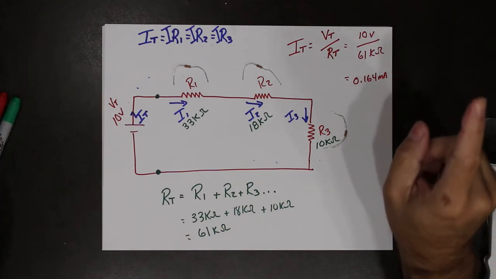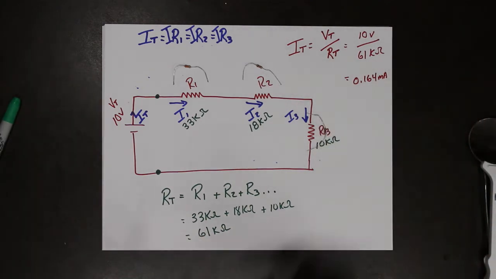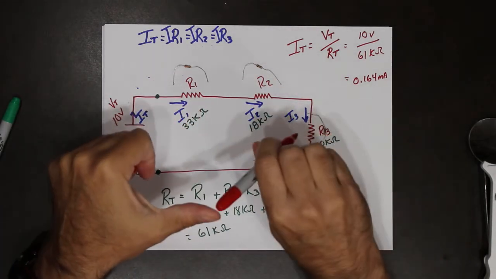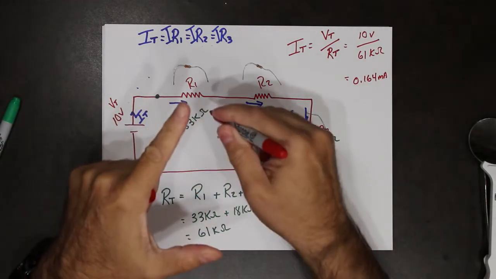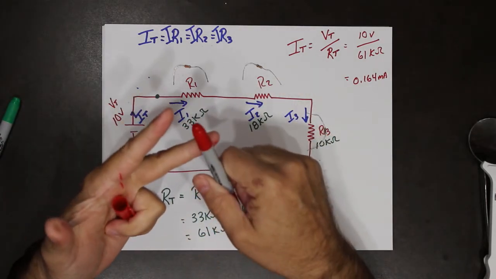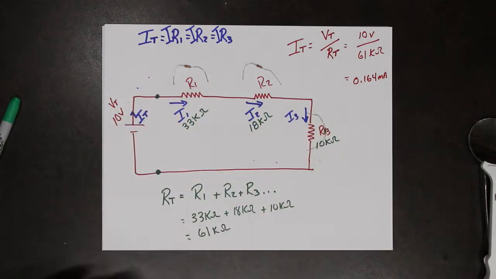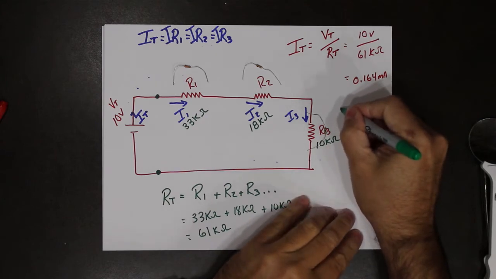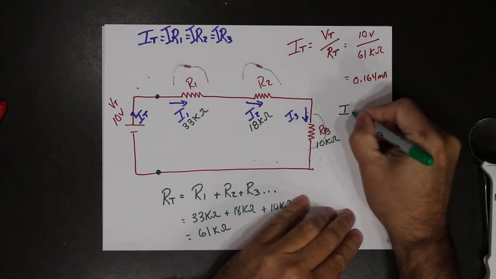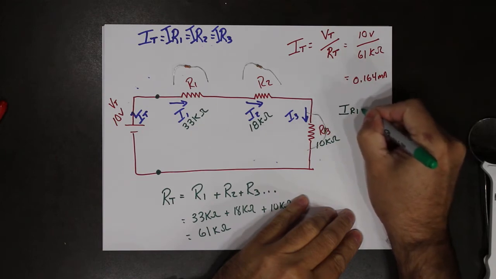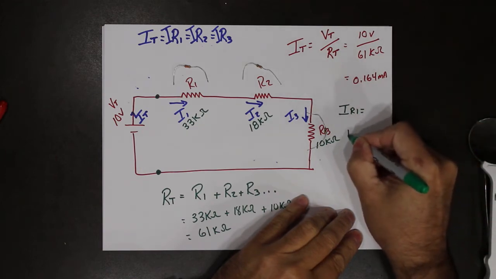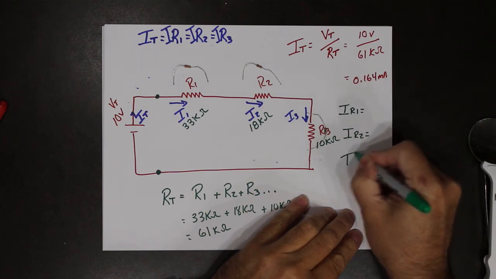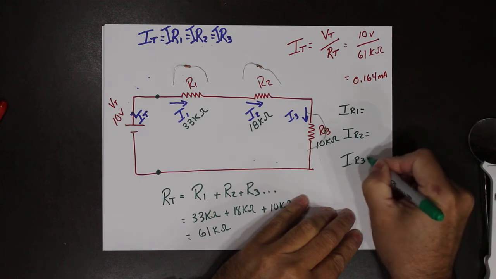What about the individuals? Each individual has a resistance, a current flowing through it, and a voltage drop. So let's take a look. What is the current through R1? What is the current through R2? What is the current through R3?